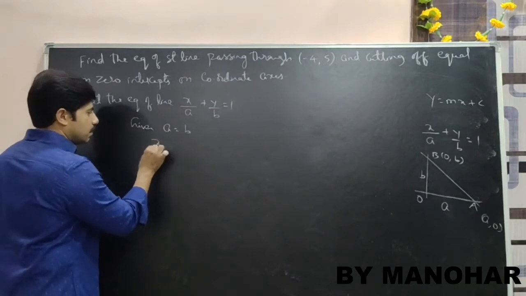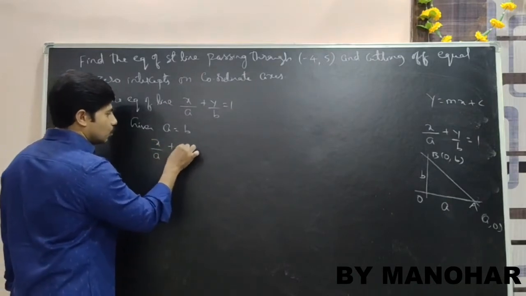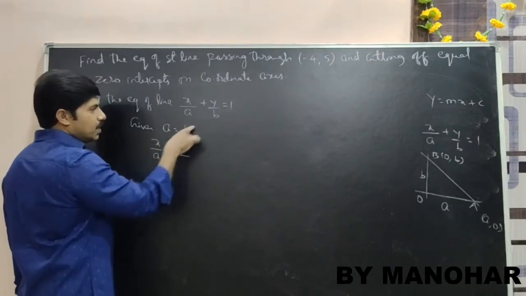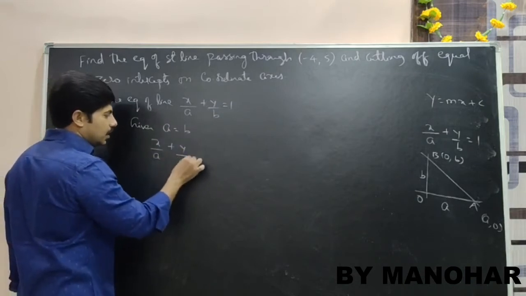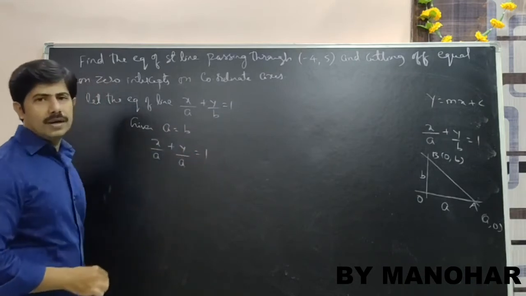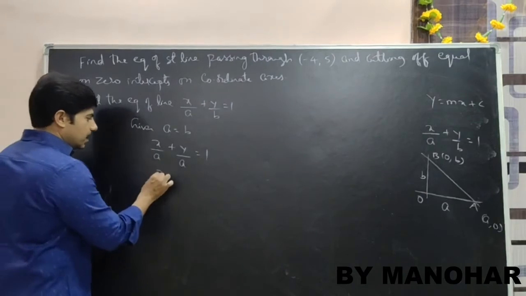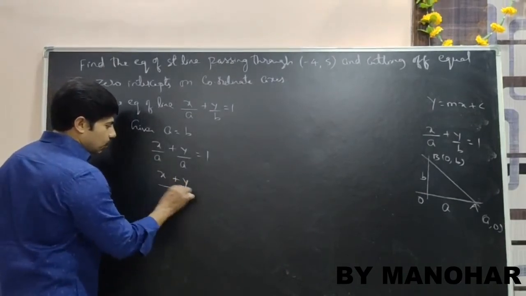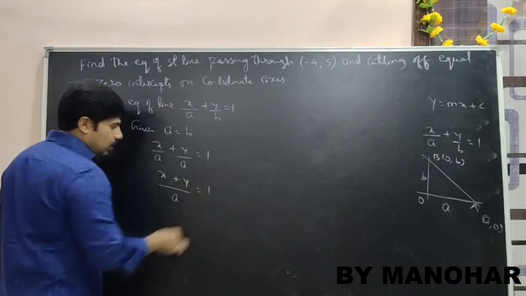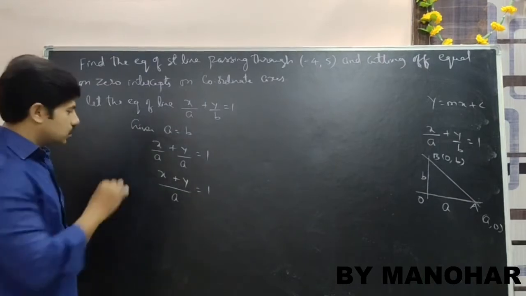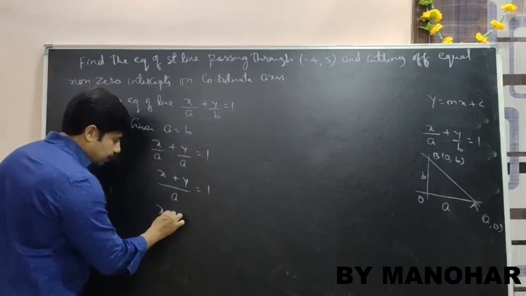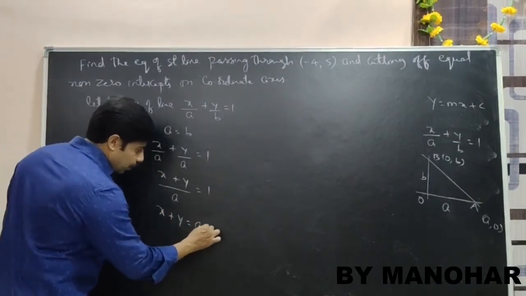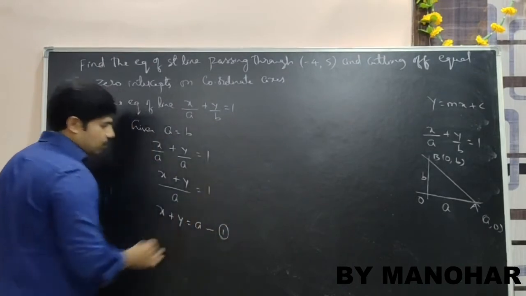So x/a as it is plus y/a, instead of b we write a, is equal to 1. Now we can write this equation as (x + y)/a = 1. Just cross multiply. x + y = a. Put it as equation 1.